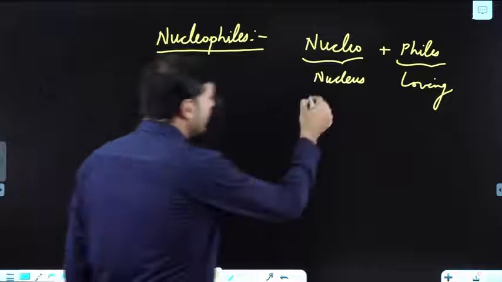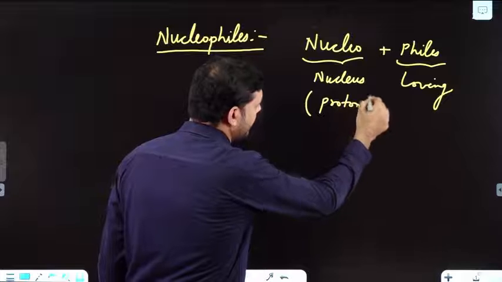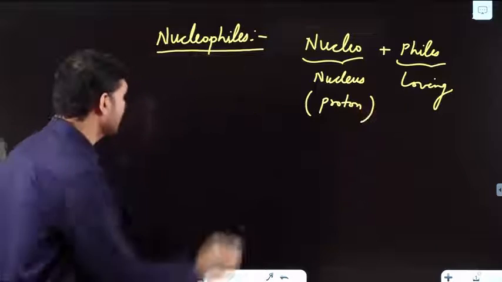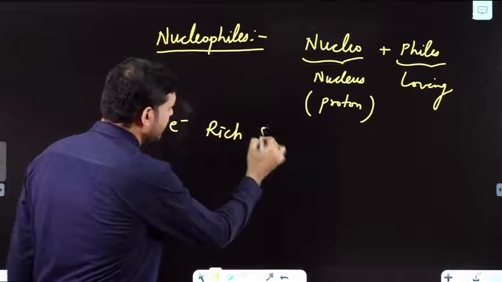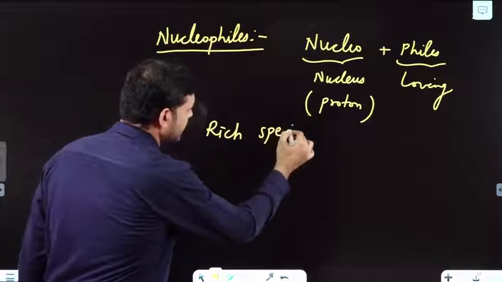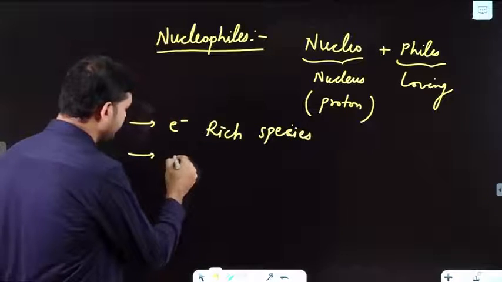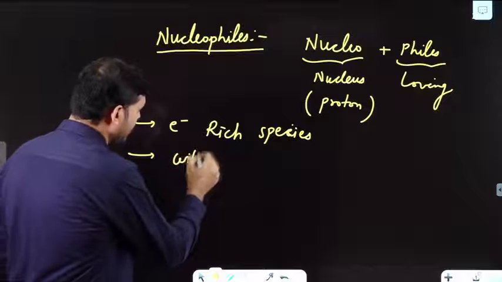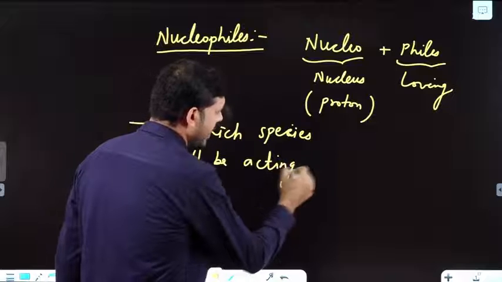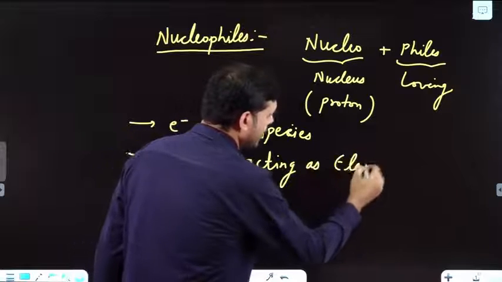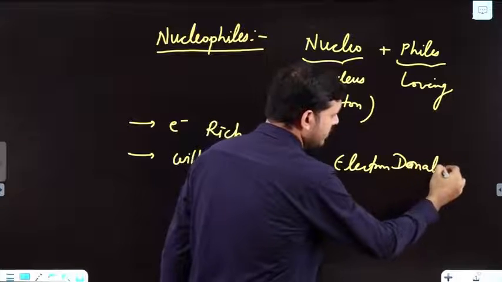Okay, so nucleus, that is proton loving, you can say. So we can say nucleophiles are electron rich species, right? Will be acting as electron donating groups, EDG.